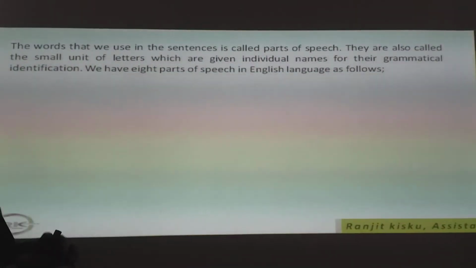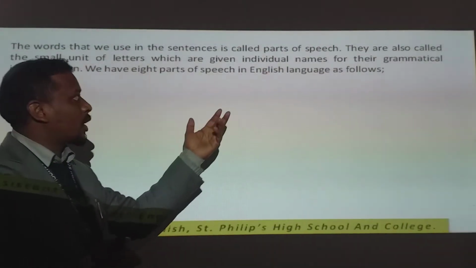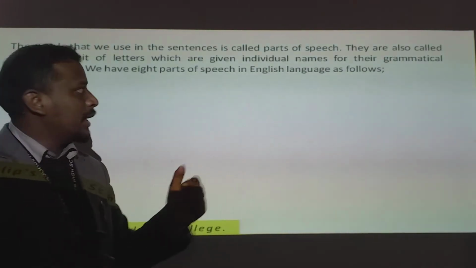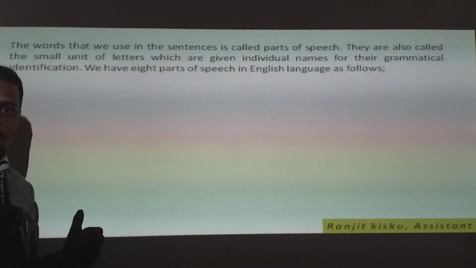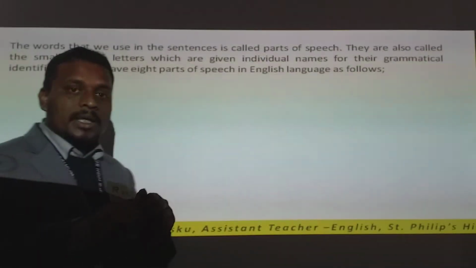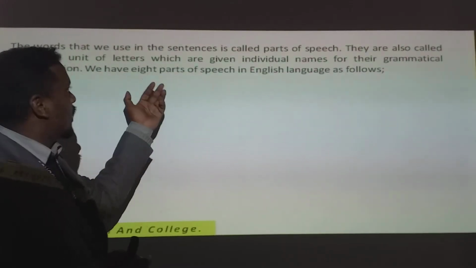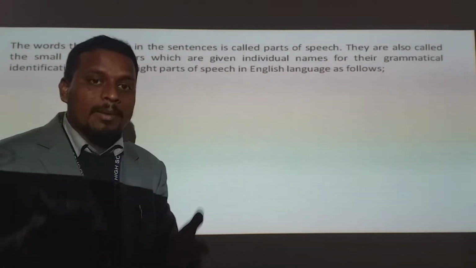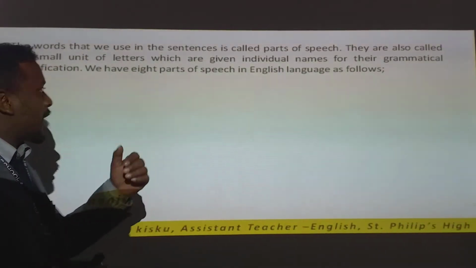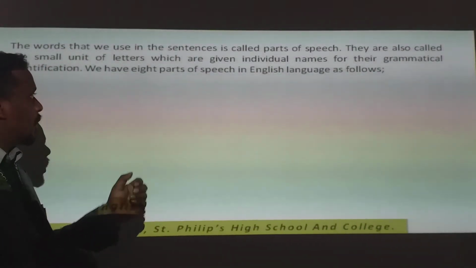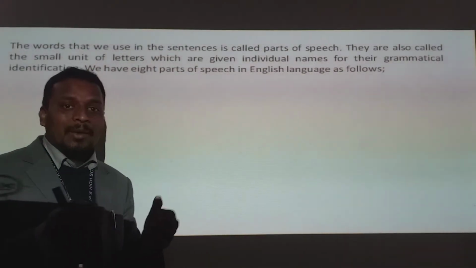Learners, the words that we use in sentences are called parts of speech. They are also called the small units of letters. You must remember, words could be called the small units of letters, which are given individual names for their grammatical identification. We have 8 parts of speech in the English language as follows.